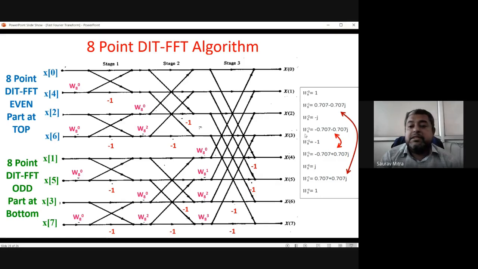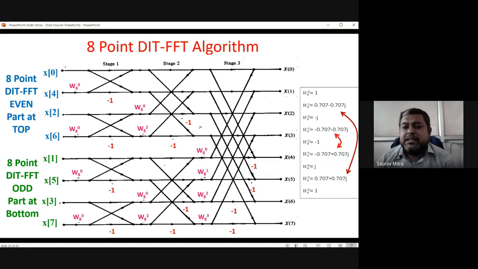The 8-point twiddle factors W80, W81, W82 and W83 are a little big, so you should be good at operating a calculator and at complex multiplication, that is, (a + jb) into (c + jd). You can do it with a calculator or by hand. It is not difficult, only cumbersome, and it takes a lot of time.